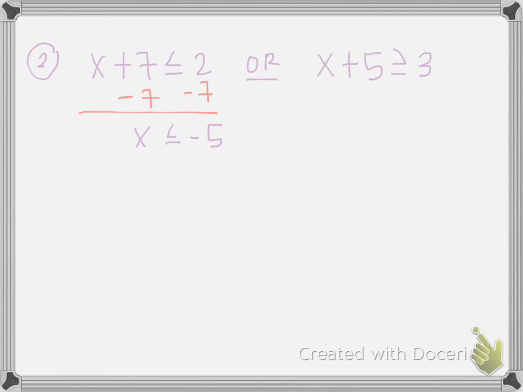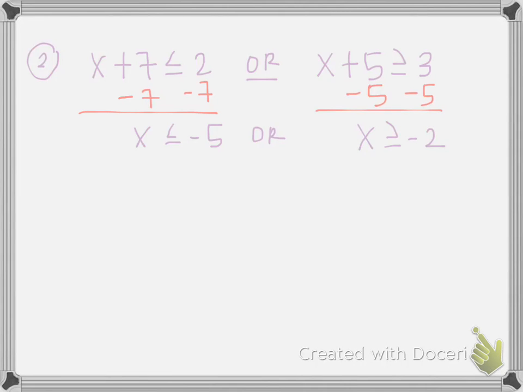So compound inequalities. Remember, when you have an or, that means that either of our intervals can be true. So we need to solve each one of the linear inequalities here. So we'll have x is going to be less than negative 5, or over here we're going to subtract a 5, so x is going to be greater than or equal to negative 2.